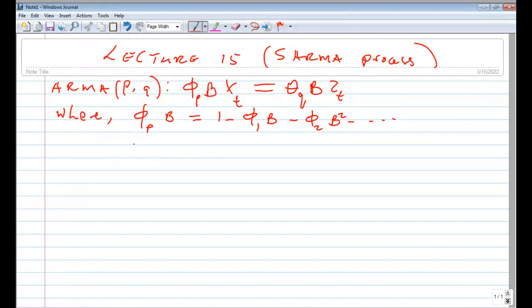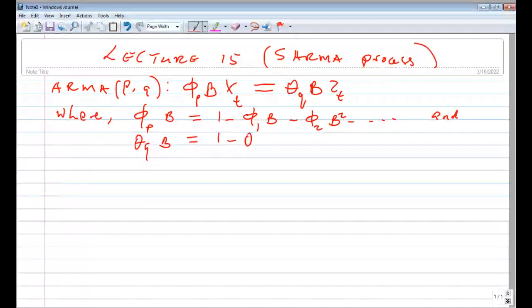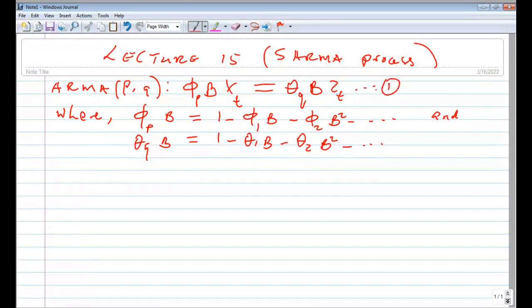And theta_q(B) is equal to 1 minus theta_1 B minus theta_2 B squared minus theta_3 B cubed minus theta_4 B to the power 4, and so on. Okay, this is our ARMA process. Now, let me call this equation number 1 so that you can follow it.